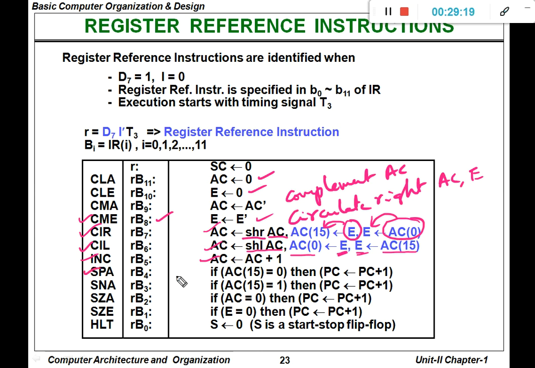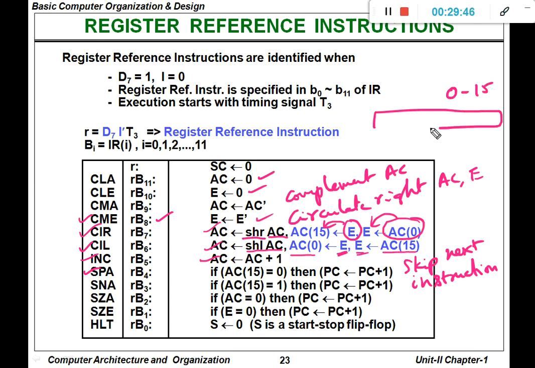The next instruction is SPA. SPA means skip next instruction if accumulator is positive. So how could we determine whether the accumulator is positive or not? The accumulator register will have 0 to 15 bits.